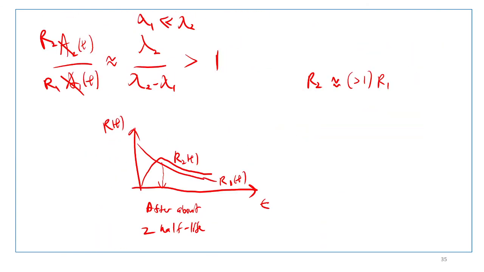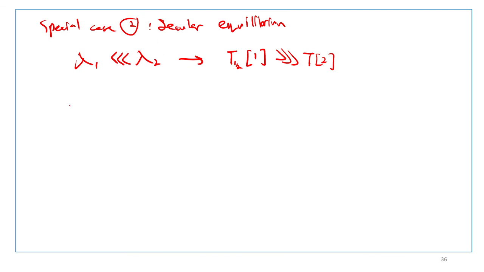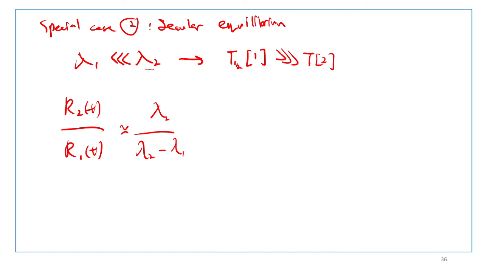So in this case, let's continue with this relationship. The ratio of R2 over R1 was lambda 2 over lambda 2 minus lambda 1. Now in this secular equilibrium, as lambda 2 is way bigger than lambda 1, lambda 1 can be neglected.